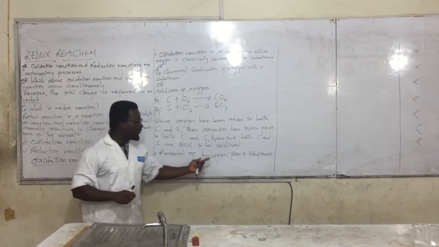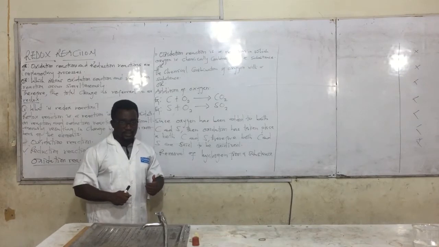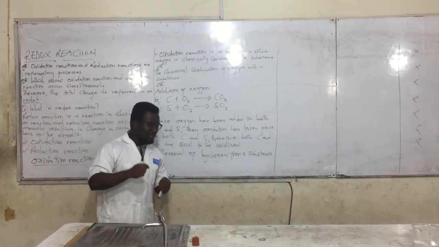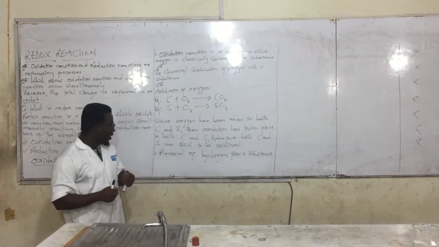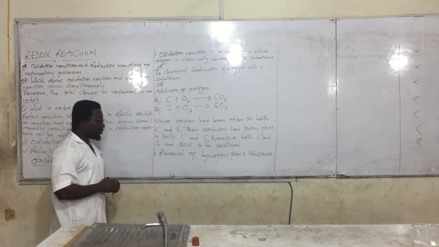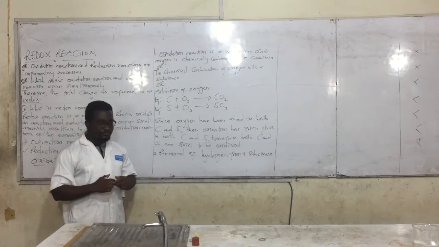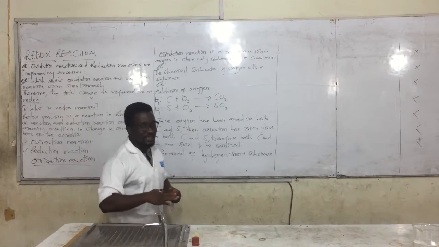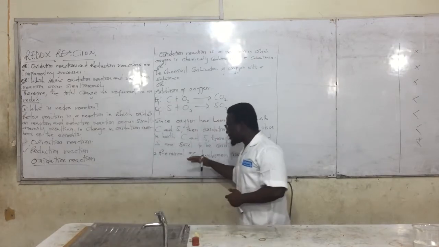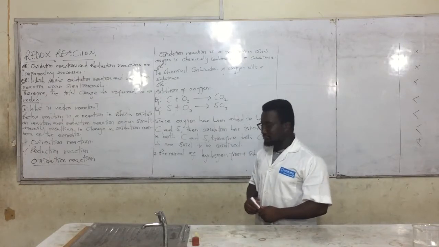In terms of hydrogen, it is the removal of hydrogen from a substance. We are also going to look at a very simple example. When you remove hydrogen from a substance, then that process is also termed as oxidation process.